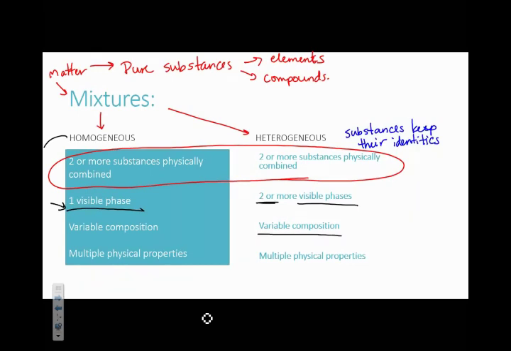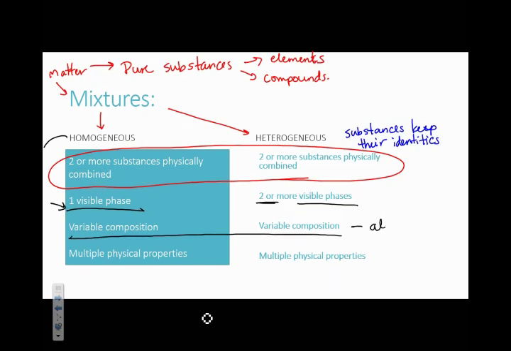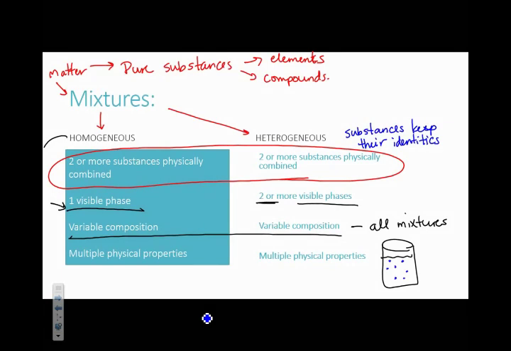Both heterogeneous mixtures and homogeneous mixtures, so all mixtures really, have variable composition. And what that's referring to is if I imagine a container of some substance, and let's pretend that we could see atoms, okay? So in this mixture I have some blue atoms and I have some bigger red atoms.